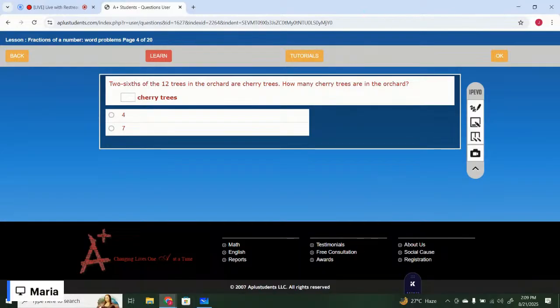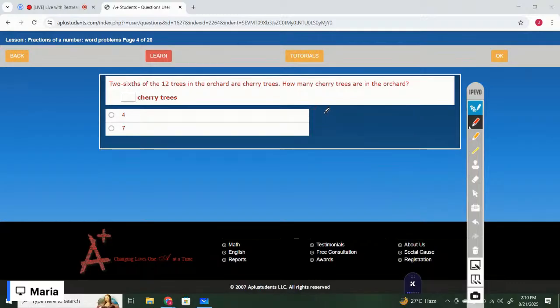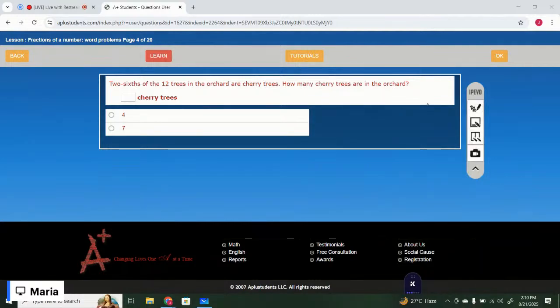How many cherry trees are in the orchard? 2 sixths times 12. 12 times 2 is 24 and 6 times 1 is 6. 6 times 4 is 24. The correct option is 4.